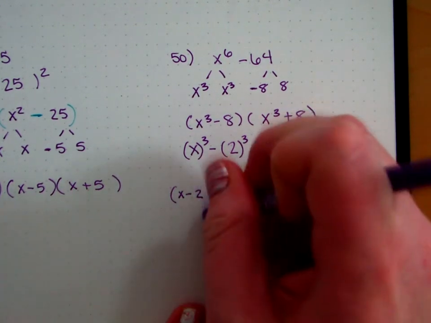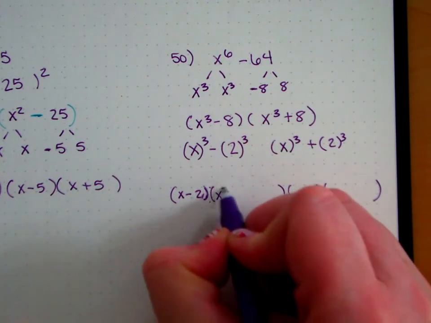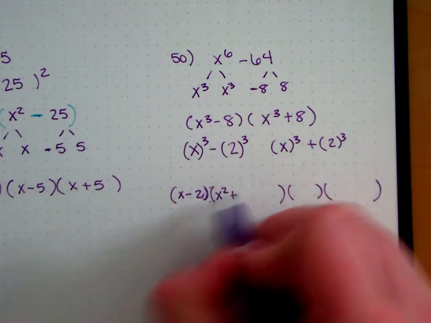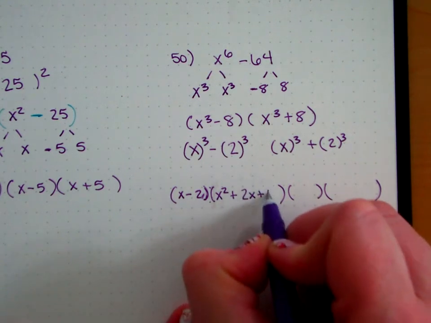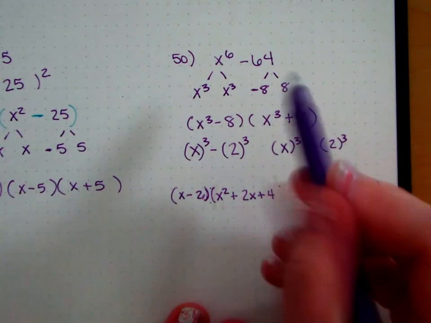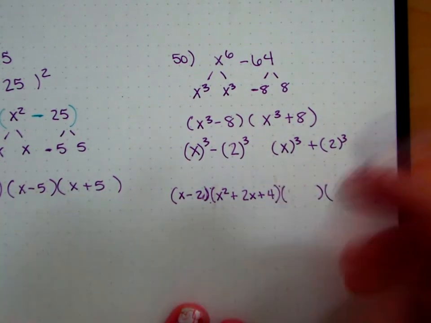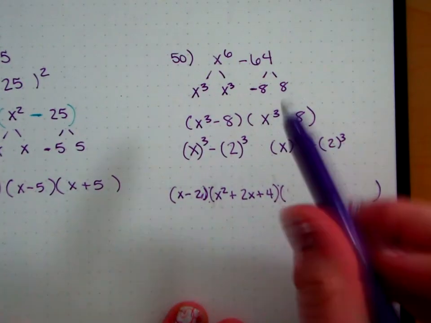So this is going to be x minus 2. I'm going to move this parenthesis over so I have a little bit more room here. So x squared plus 2 times x, 2x plus 4, because 2 squared is 4. Put that parenthesis here.